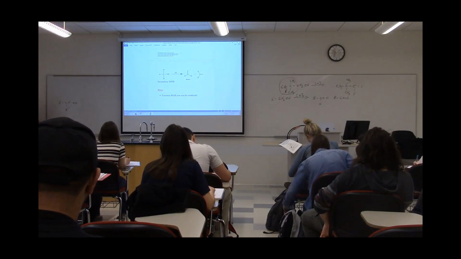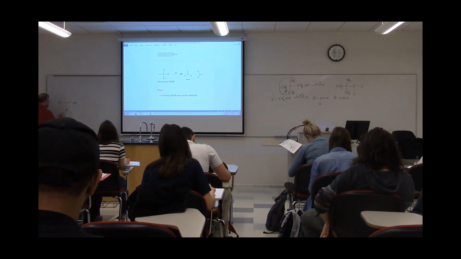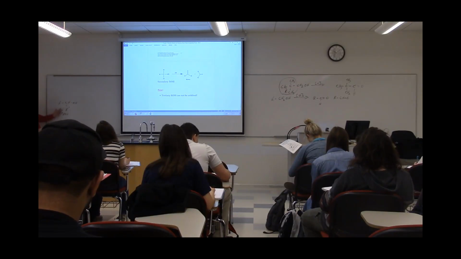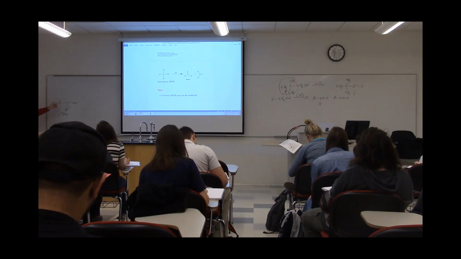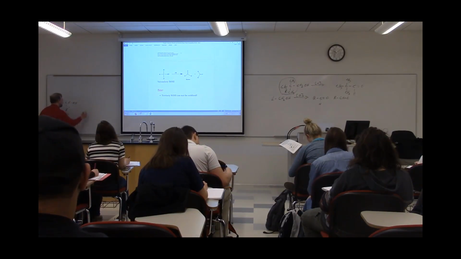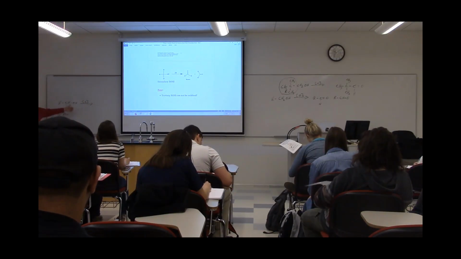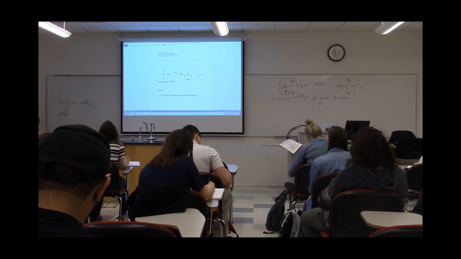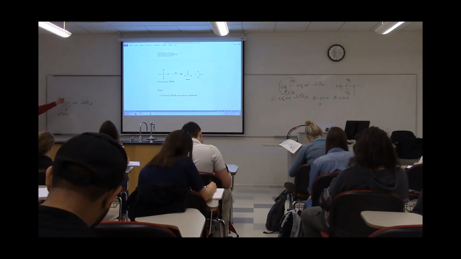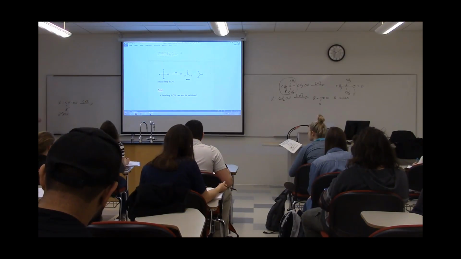A secondary alcohol. How do you know that? 2 R groups on the carbon attached to the hydroxyl group, OH. If I oxidize it, and you'll be doing some of these in a couple of weeks in the lab, so you can have some fun with this, but let's talk about it.